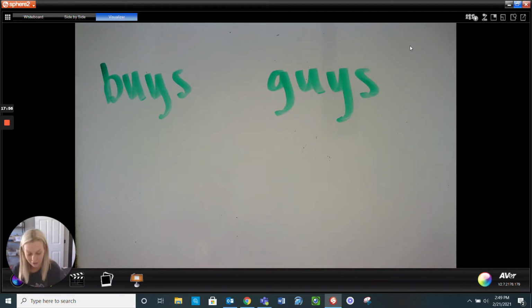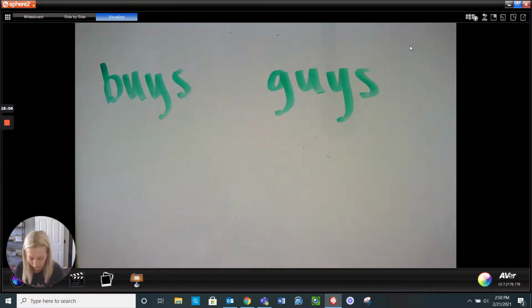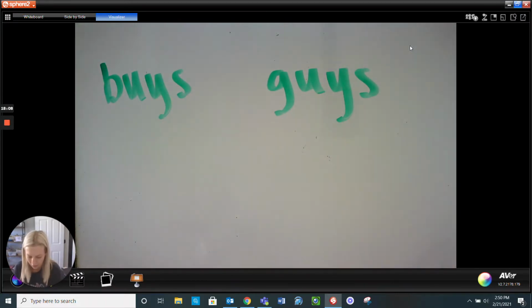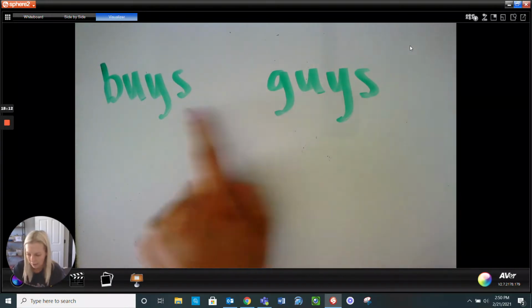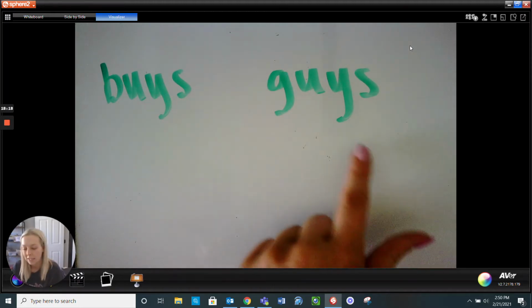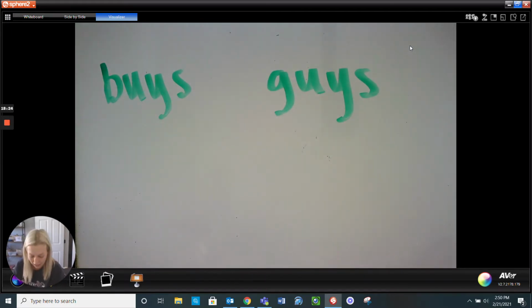They use some new phonograms that we just learned. They use the 2-letter B and the 2-letter G, which both end in U. So how do we make these words plural? We just add the S. Why don't we add ES? Because the Y does not change to what? Y does not change to I, so we do not have to add ES.